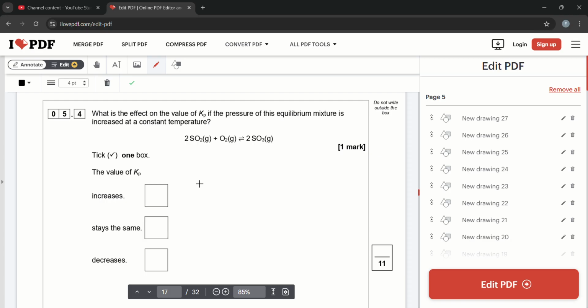So the temperature remains the same and we're increasing the pressure of the equilibrium mixture. Which one is it going to be? Increases, stays the same, or decreases?